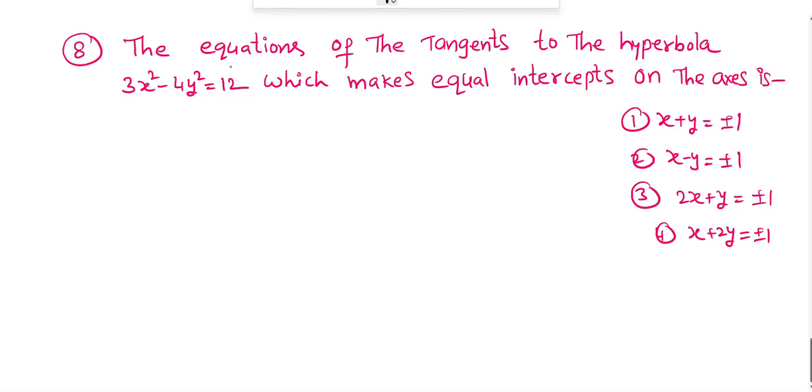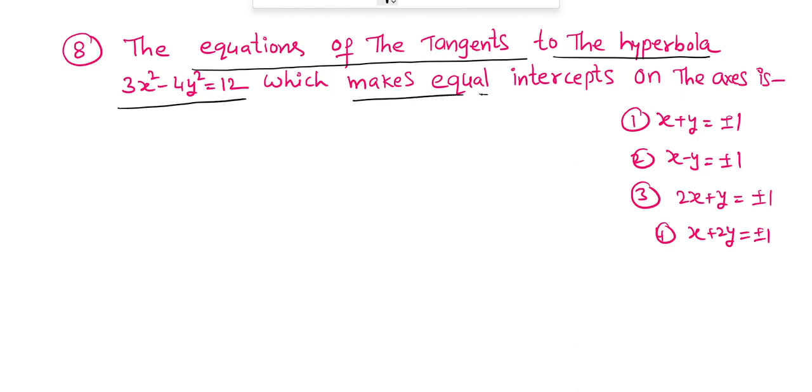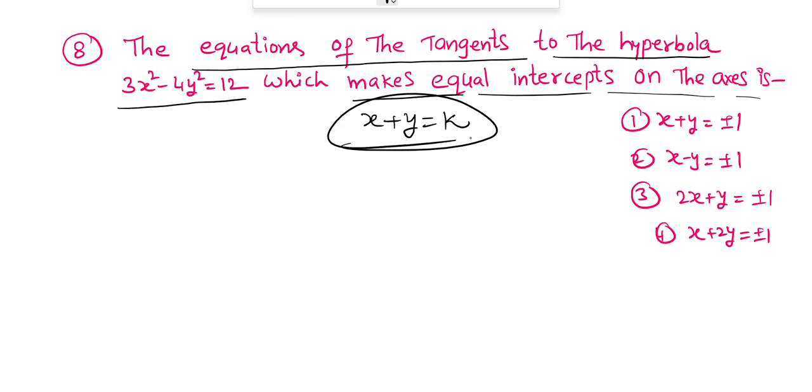This is the 8th question. The equations of tangents to the hyperbola 3x² − 4y² = 12 which make equal intercepts on the axes. Equal intercepts means the equation of the line is x + y = k. So here the x intercept is k and the y intercept is k.